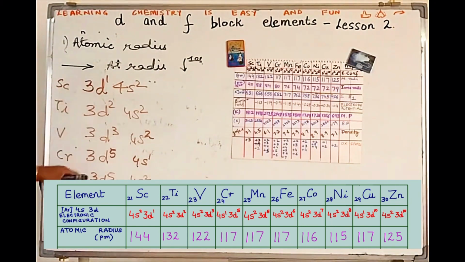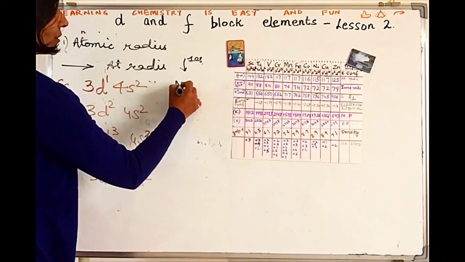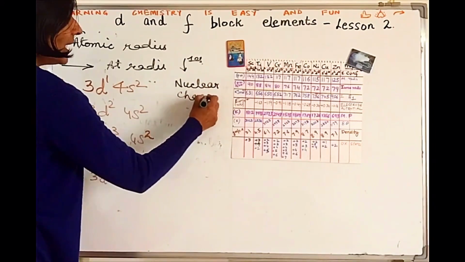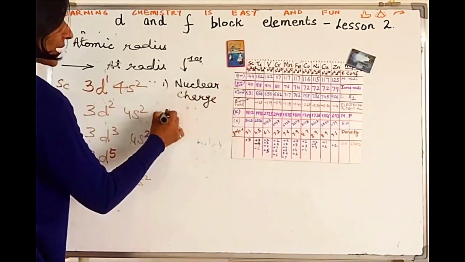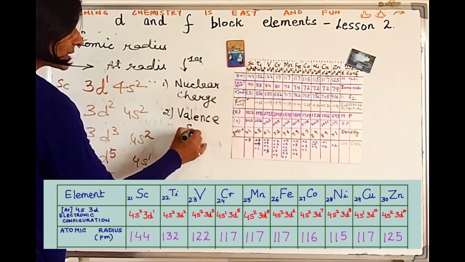If you see the electronic configuration, whenever we talk about the atomic radii, it is governed by the nuclear charge and also by the valence shell, right?